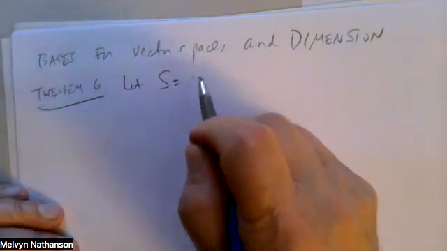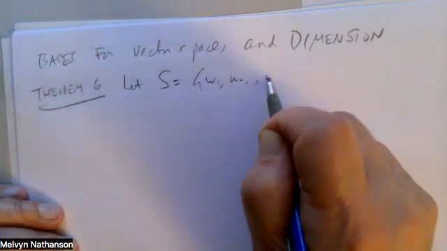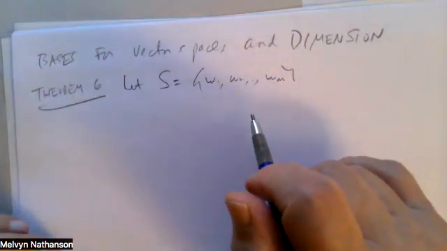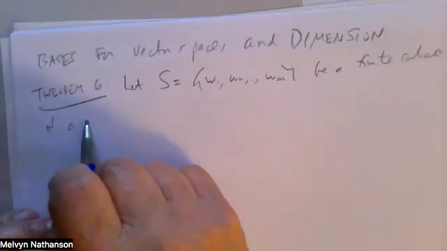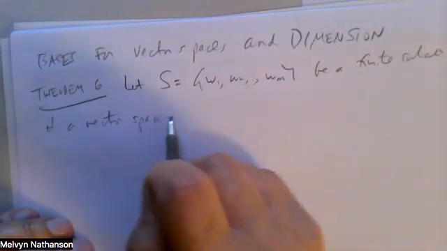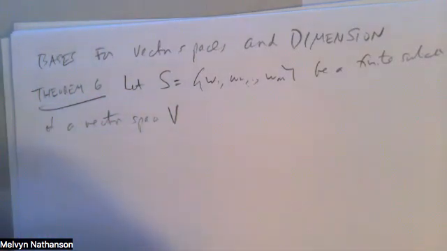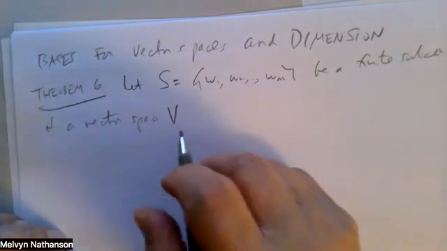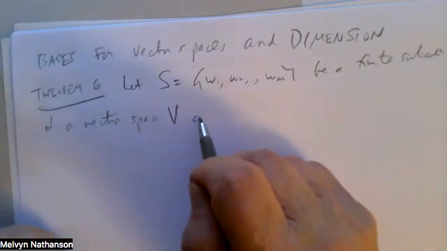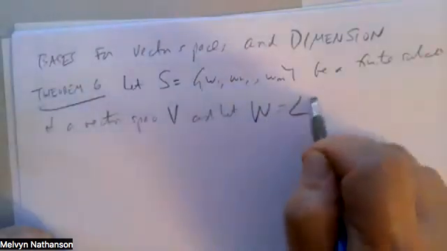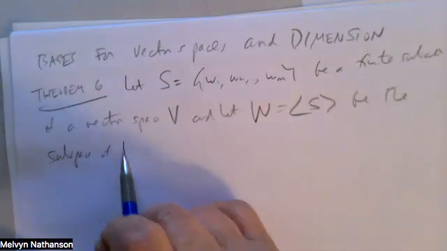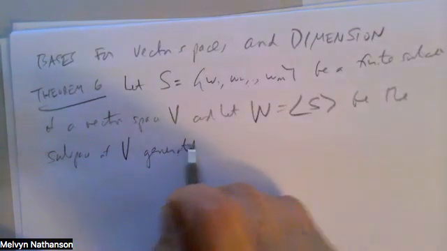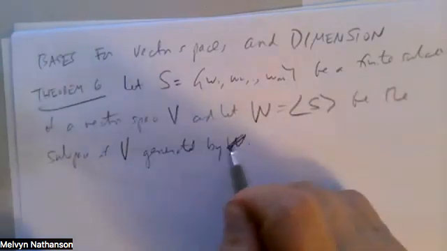Let S be a finite subset with m vectors in it of a vector space V. And let W be the subspace of V generated by S.